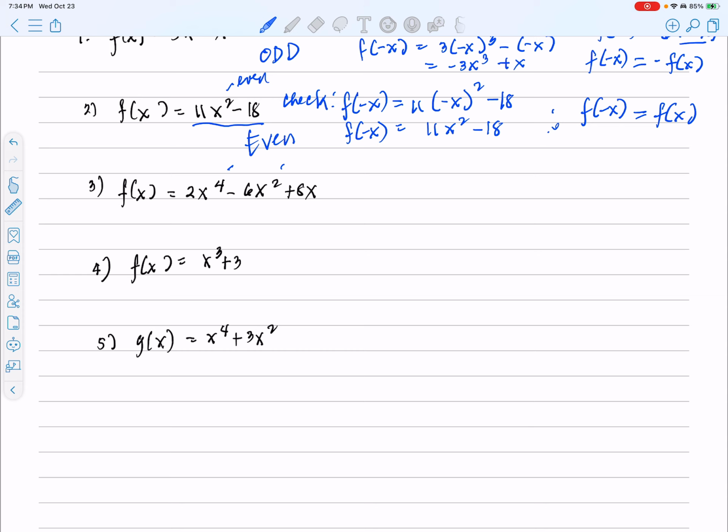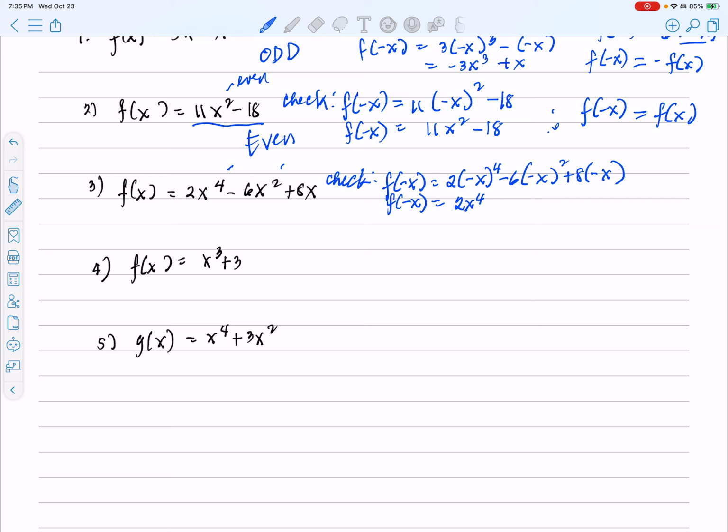I have f of negative x, which means I substitute a negative x in each term and check what happens. Negative x to the fourth power is positive, so that means 2x to the fourth.